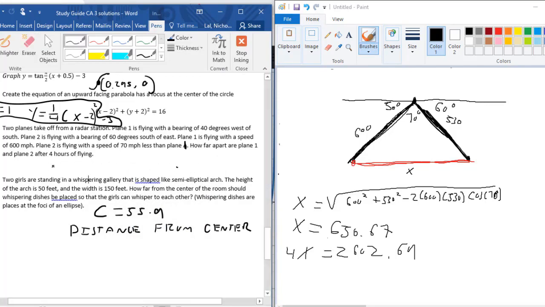So I guess the magnitude of the resultant vector isn't necessarily the distance between the two planes. All right.